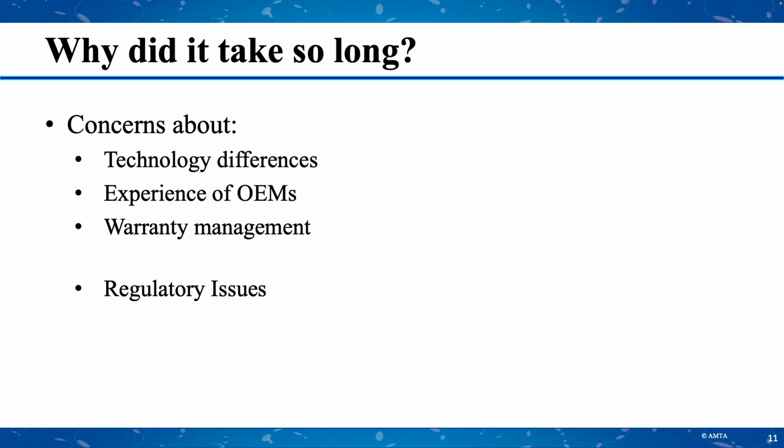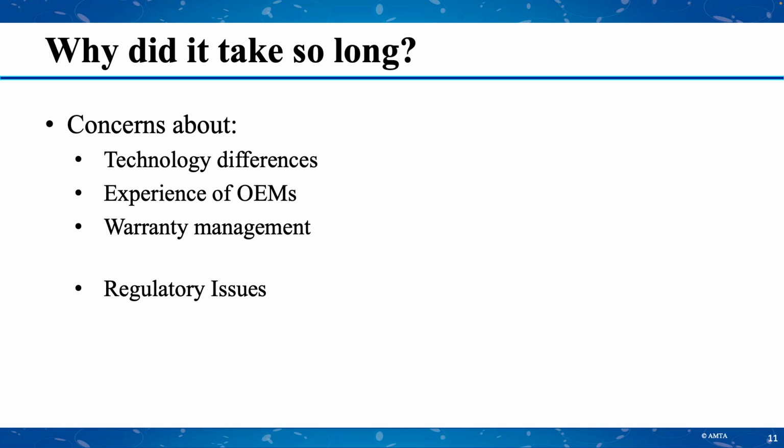Number one is there are certainly technology differences between the UF and MF products that are out there. Around that time, there was some question about the experience of the OEMs that were offering open platform systems. Also, what about the warranty management?